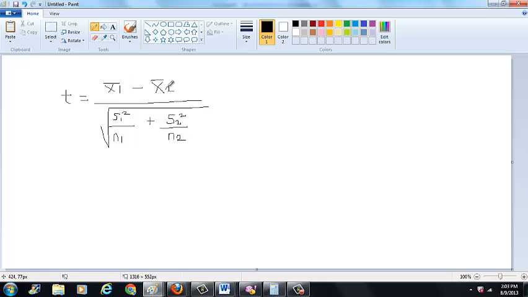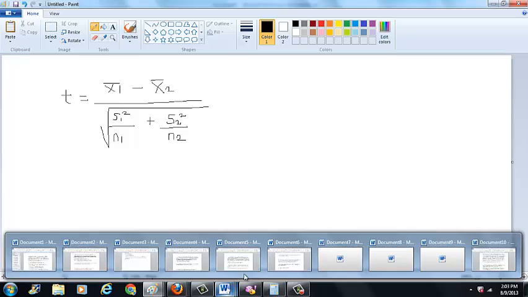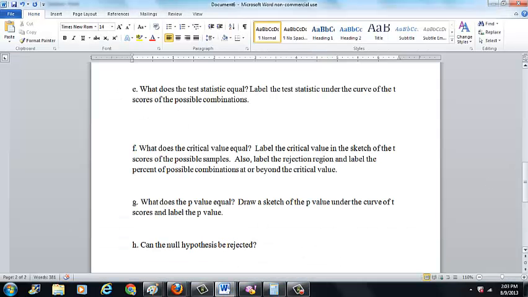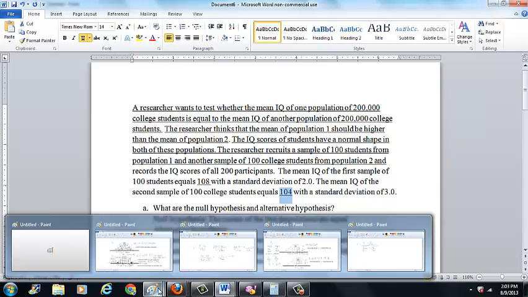X bar 1 and X bar 2 are the means of the two samples that were selected. Let's see what they equal. The mean of our first sample was 108. The mean of our second sample was 104. So on the top of the formula, we have 108 minus 104.